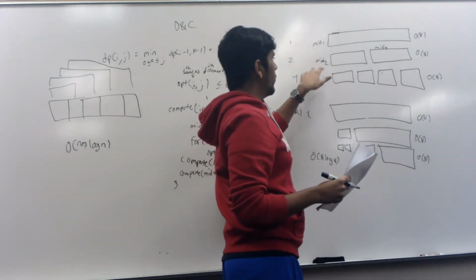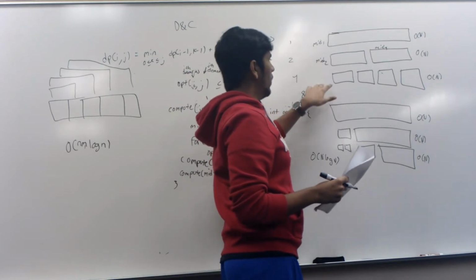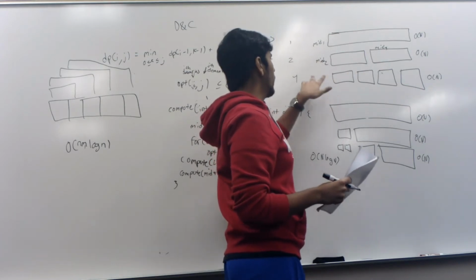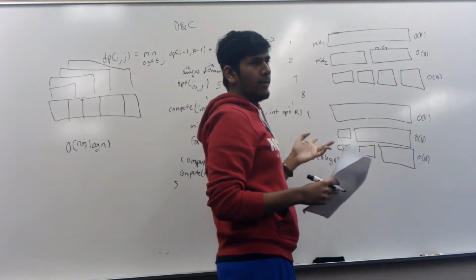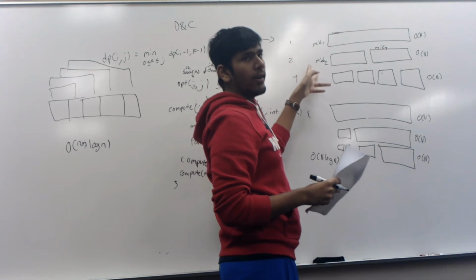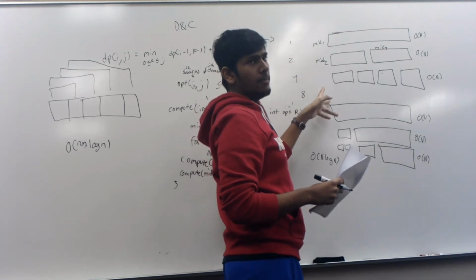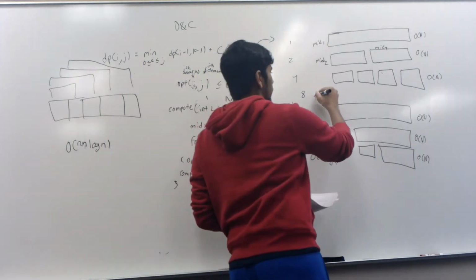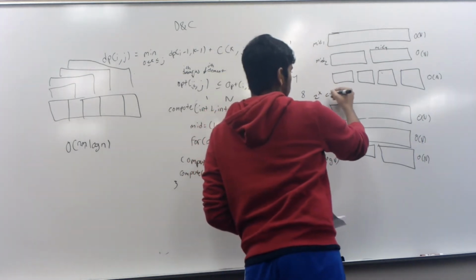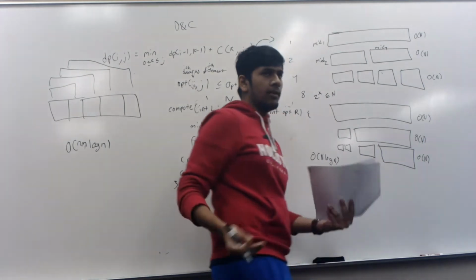For the second layer we're computing 2 mids, and the third layer we're computing 4 mids. Those are all different indices of our array. So we can only have log n depth because 2 to the x has to be less than or equal to n, and I take log of both sides.